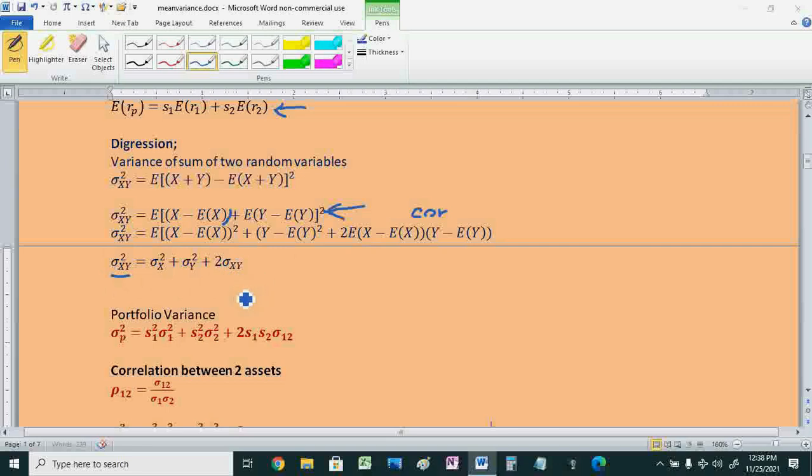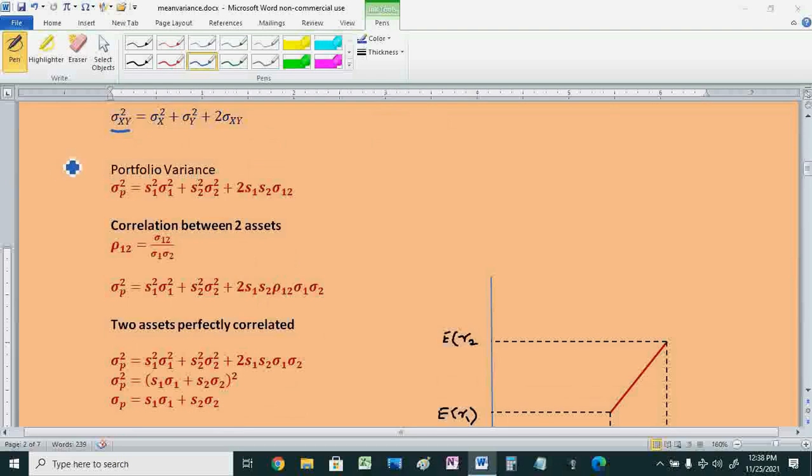And see that we modify this formula a little bit to write down the variance of our portfolio, because shares are involved here. So I write down sigma square p, that is the portfolio variance, equal to S1 square sigma 1 square plus S2 square sigma 2 square plus 2 times S1 S2 multiplied by the covariance between the returns on assets 1 and asset 2.